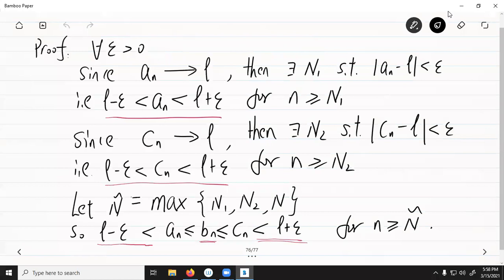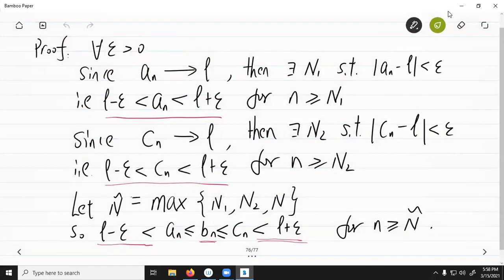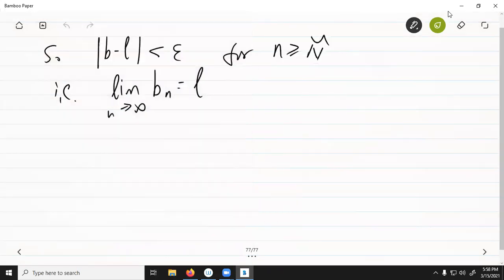Right? So now let's look at the proof again. For any epsilon greater than 0, there exists a capital N tilde, which is formed this way, because n1, n2, and n exist and we know those numbers, such that the absolute value of bn minus L is less than epsilon for n greater than n tilde.